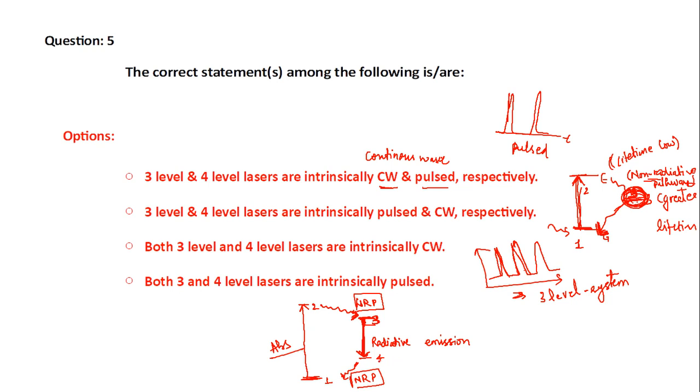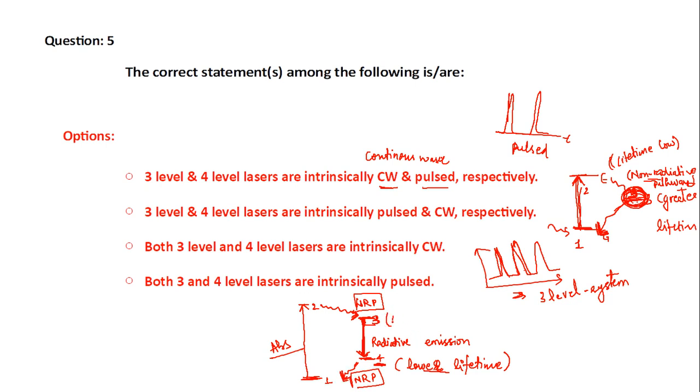I assume that this fourth excited state has a lower lifetime. Because of this lower lifetime, this fourth energy level will soon, within less time, come to the ground state through a non-radiative pathway.